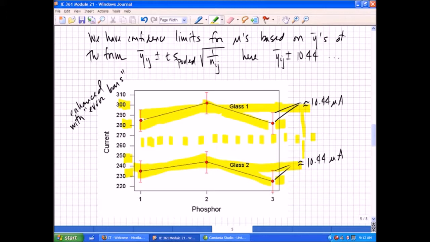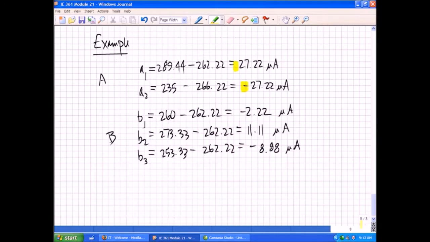If we look at the signs on the B's, this picture should tell us that B number 2 should be positive, bigger than B number 1 and B number 3, because means for phosphor 2 are above means for phosphor 3, and sure enough, this one is positive, whereas the other 2 are negative.